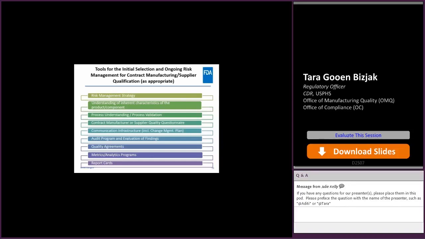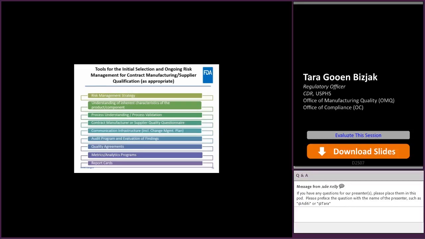Also, really important is understanding the inherent characteristics of the product and component. If you know what is critical to your product, then you can zone in on that when you're working with your contract manufacturer or supplier. Make sure that your outsourcer has good process understanding principles in terms of developing their knowledge, as well as a good approach to process validation.